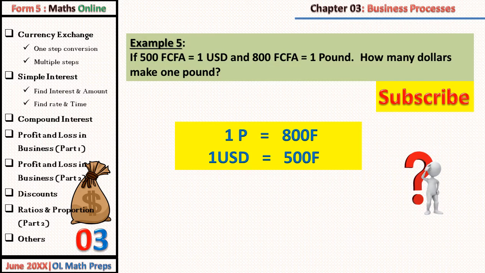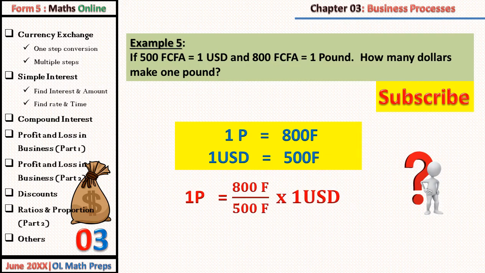So from here, if we make £1 the subject by cross multiplication, we will have £1 equal to 800 divided by 500 times 1 US dollar, and that will give us the value of pound to dollars to be equal to 1.6 US dollars.